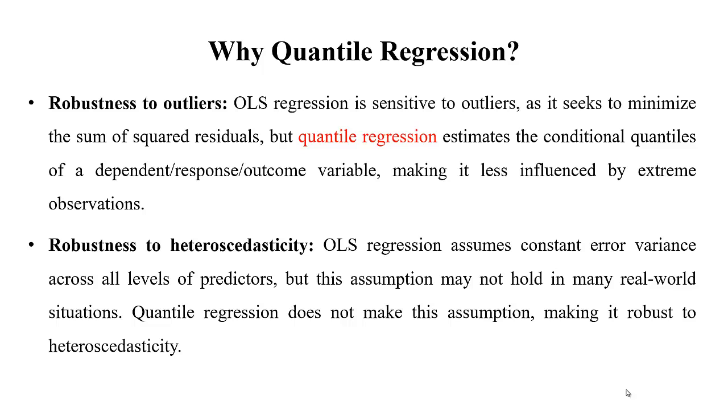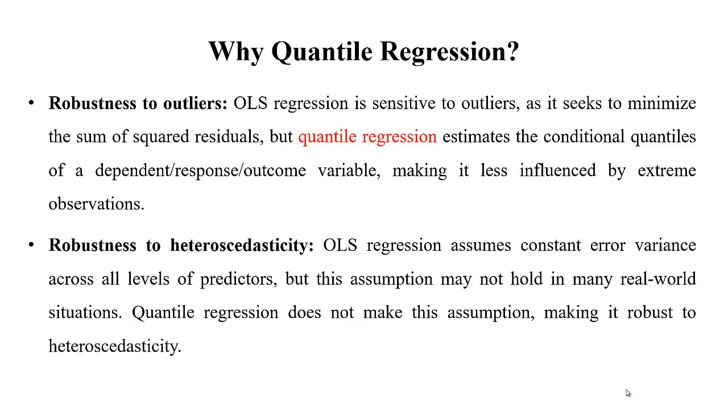The second reason is that it is robust to heteroscedasticity. OLS regression assumes constant error variance across all levels of predictors. But quantile regression does not have that particular assumption, and in real world situations, this assumption may not hold.